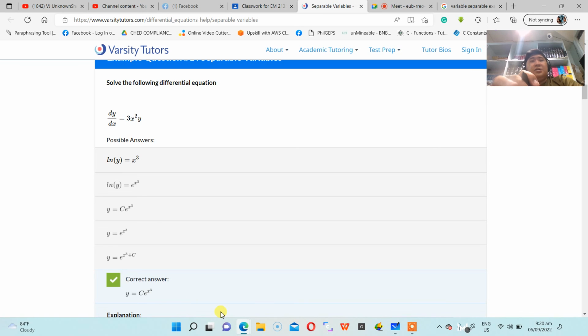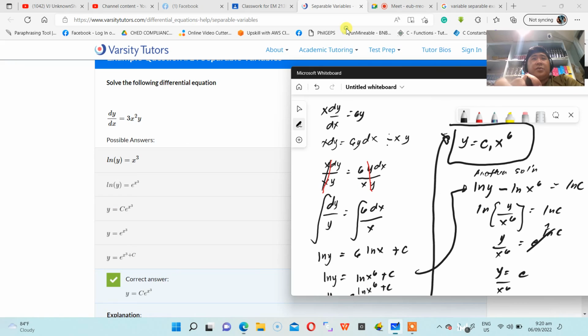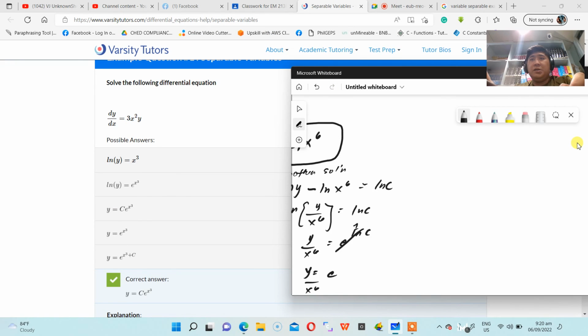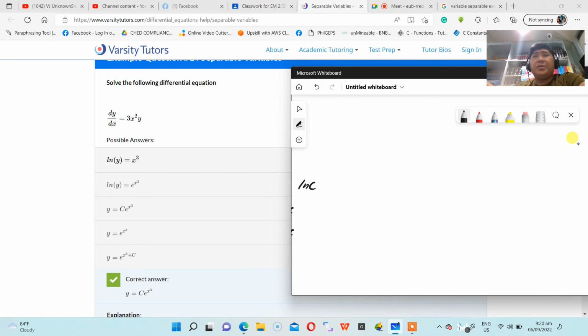So, let's try to write that one. Okay? So, our second example is dy over dx equals 3x squared y. Let's try to solve this one.